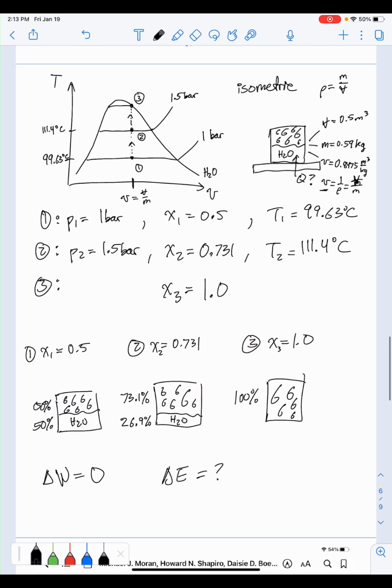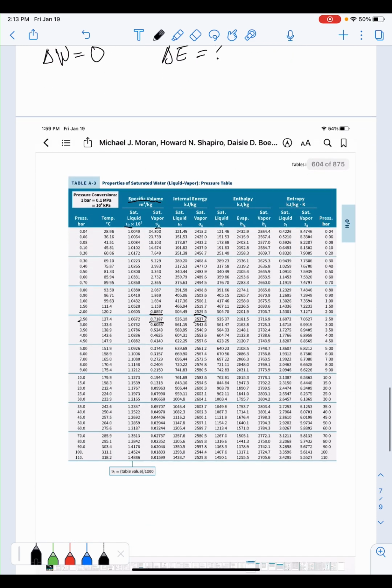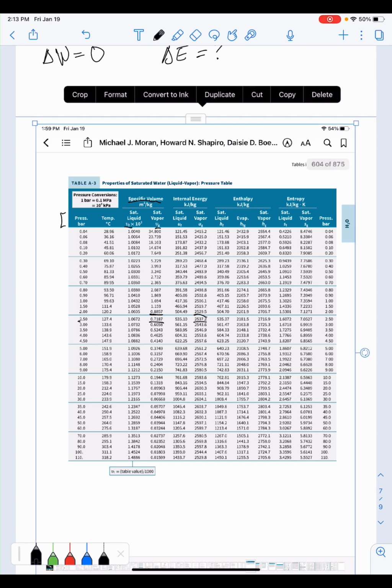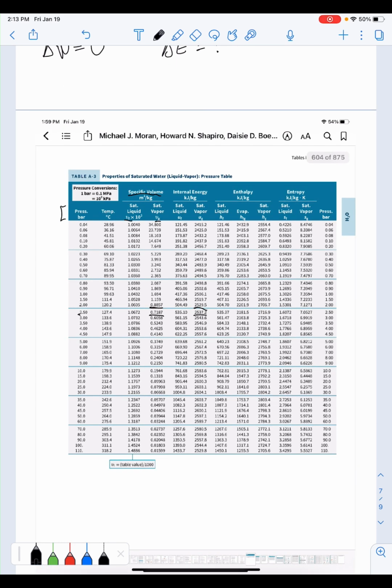So that's why we had to interpolate between these two values. However, at least for state 1, we were given a very important value: the pressure at state 1 is 1 bar. So we can actually use our left-hand column, where it basically shows the pressure, and we fix the pressure at 1 bar.